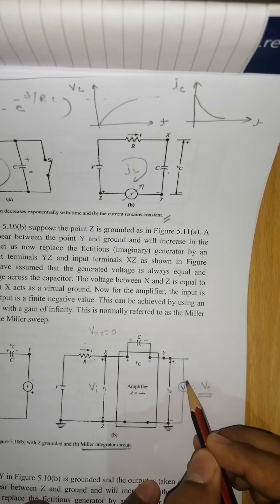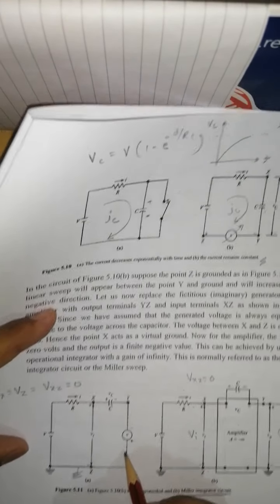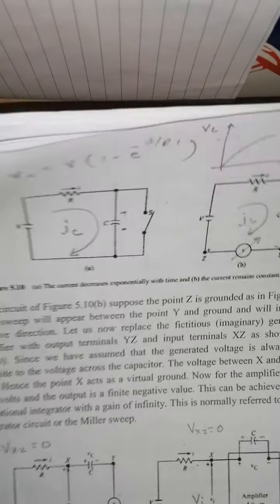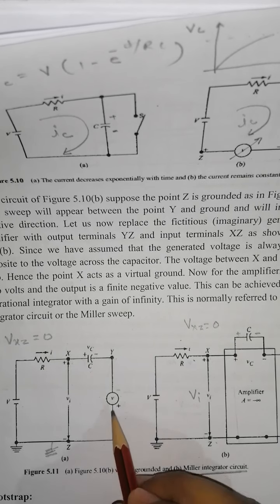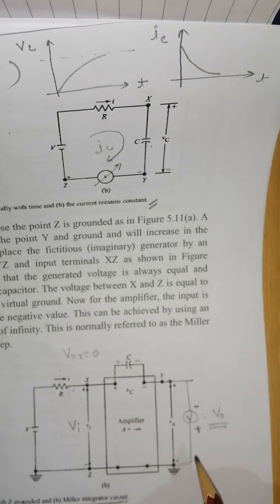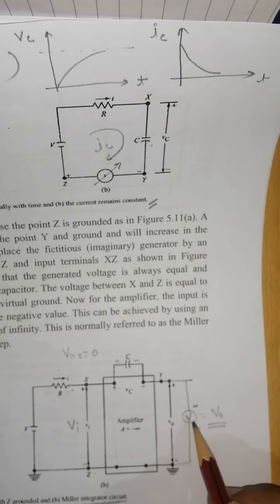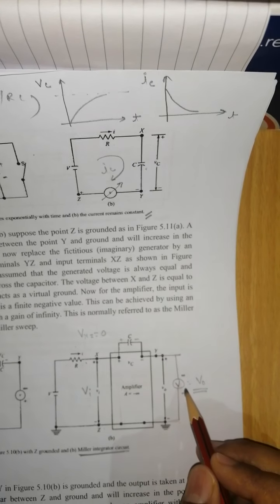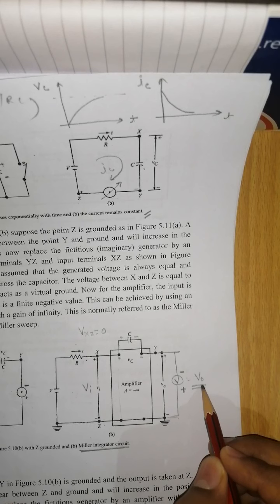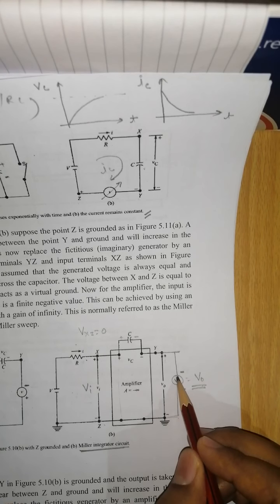This output voltage V is connected in this polarity, minus and plus, in the same manner as we are connecting here also. So V_o is basically equal to minus V.